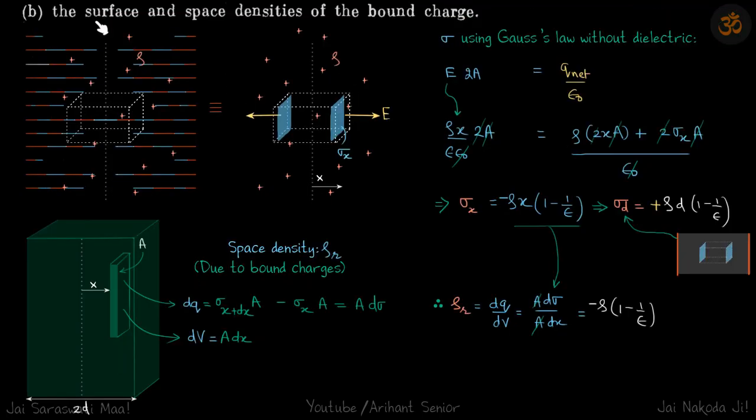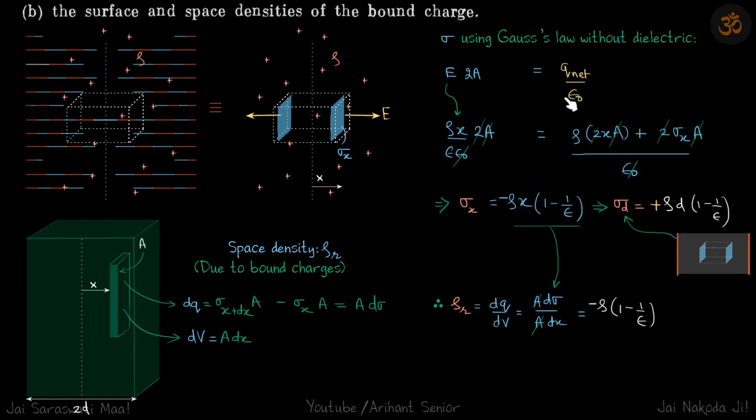Now here we needed to find the surface and space densities. We have seen that the inside of the surface will always have more negative charge than the outside of the surface. So if you take any surface, just inside the surface you will have a charge density sigma x. Using that, we use Gauss law without dielectric.